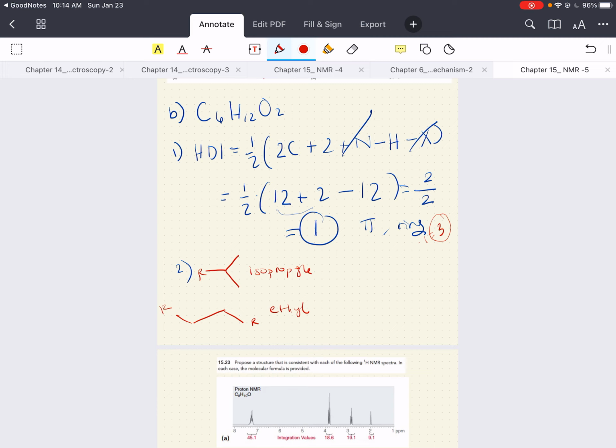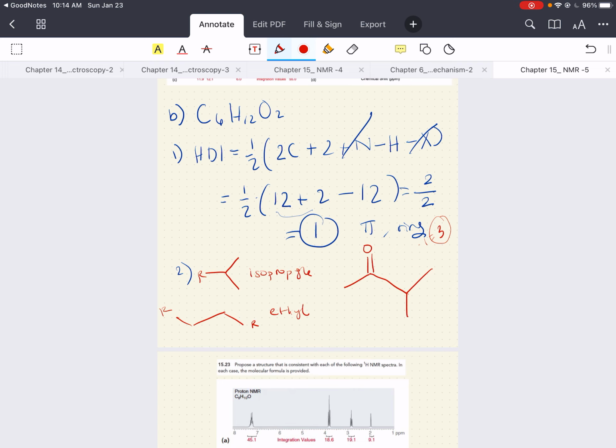That's okay. What if we have our isopropyl group leading into a carbon with a pi bond to the oxygen, and then it leads into our ethyl group, 1, 2, and then an alcohol group.